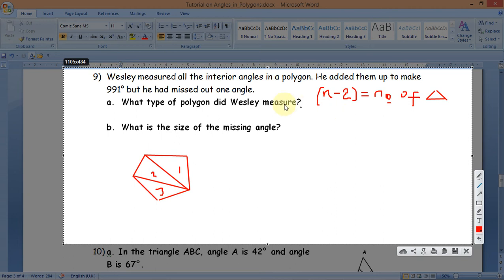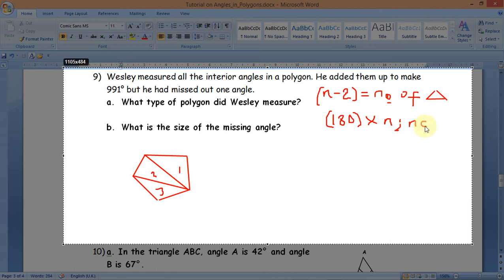Now, in any given polygon, the sum of angles will be a product of 180, that is 180 times n, where n is a counting number or positive integer.